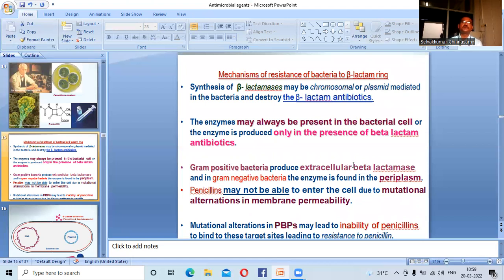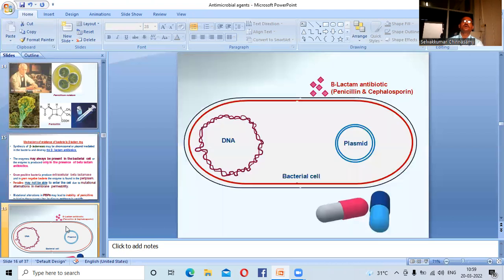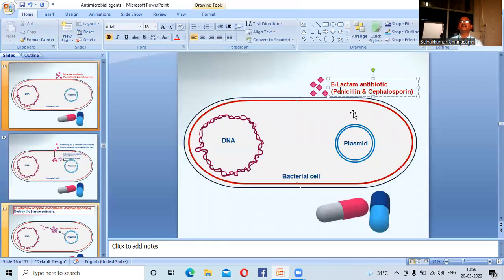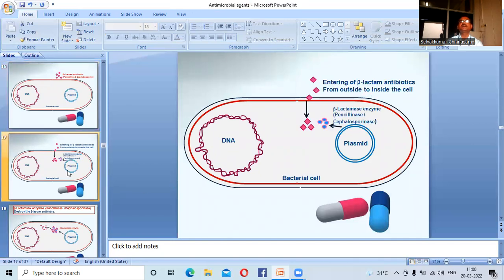Bacteria can produce an enzyme called beta lactamase, which can cleave or destroy the beta lactam ring, so the bacteria become resistant to the beta lactam group of antibiotics. Gram-negative bacteria in particular always produce the beta lactamase enzyme. So when the antibiotic is applied to the bacteria, this enzyme cleaves or destroys the beta lactam ring, and the bacteria become resistant.